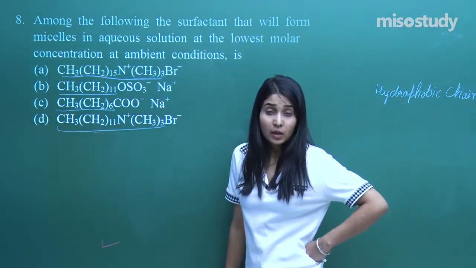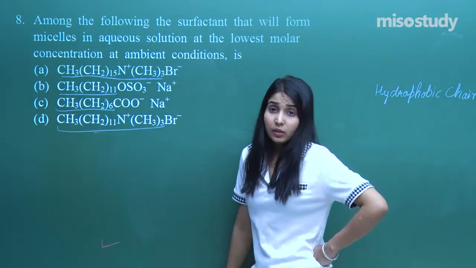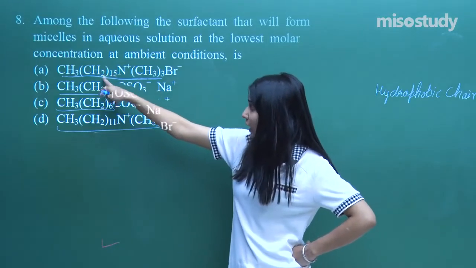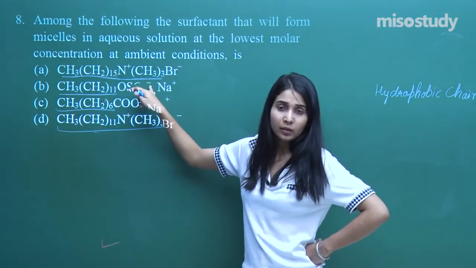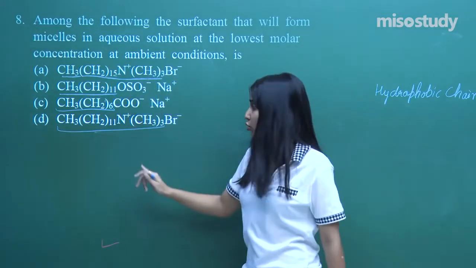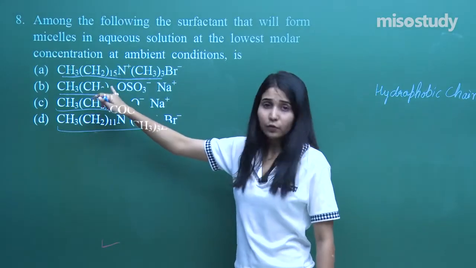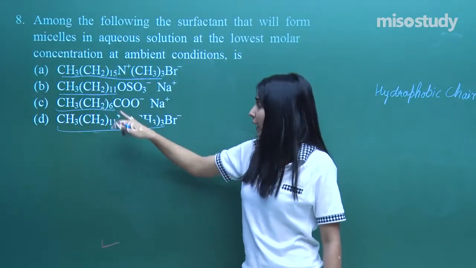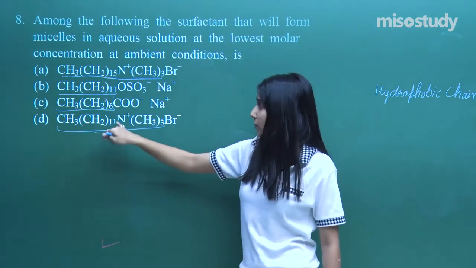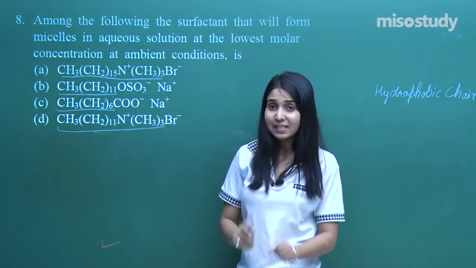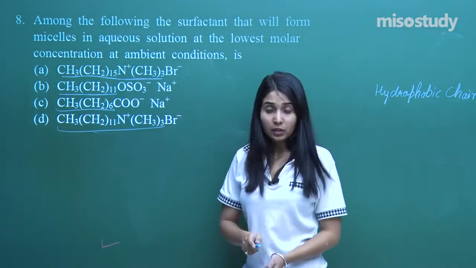Now what do I see? In the first one, 15 into 2 is 30, plus 3 and 9, what would that be? 42. Compared to that, this seems very low, and comparing with this one, 11 into 2 is 22, less than what we calculated in the first part.